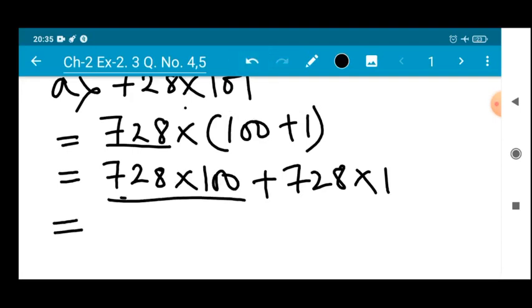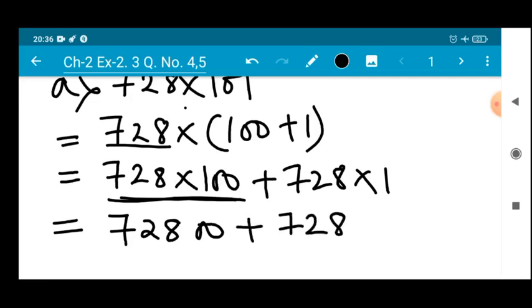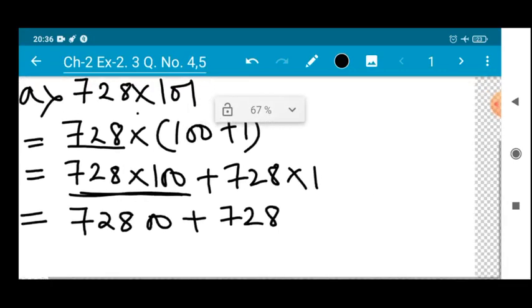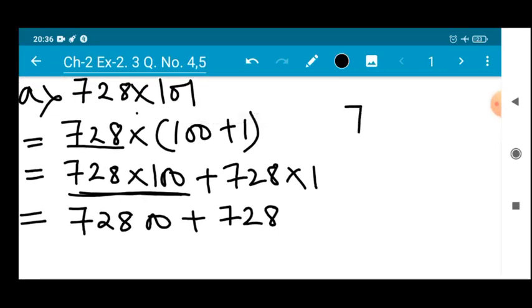Now what will you get when you multiply 728 into 100? You'll get 72800 plus 728. If you know certain properties, it will be very helpful in order to get the answer. It acts as a trick.